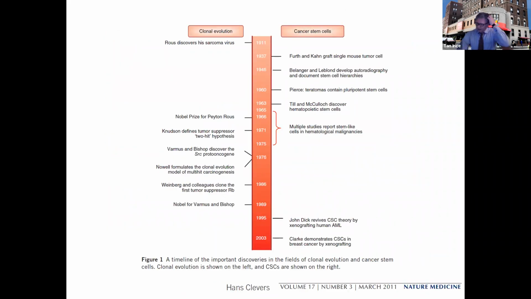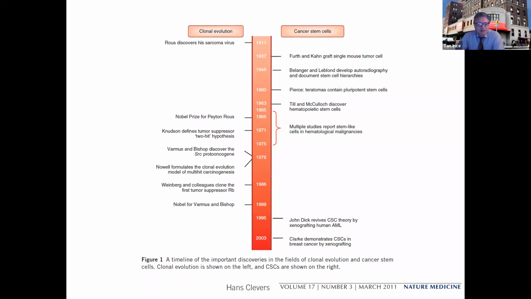So that brings us, what other factor are we missing? And that brings us to the topic of cancer stem cells. So until now, I told you the genomic story, which in this figure is the left-hand side, the clonal evolution. The right-hand side is the timeline of cancer stem cells. As you can see, early on, before 1970s, there was a lot of work on cancer stem cells and a lot of progress.